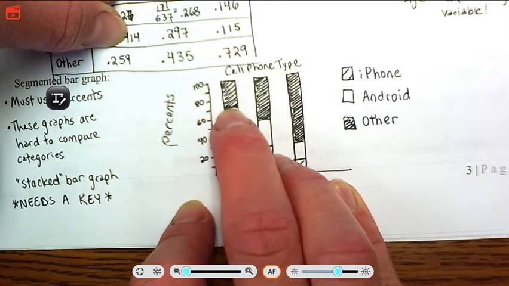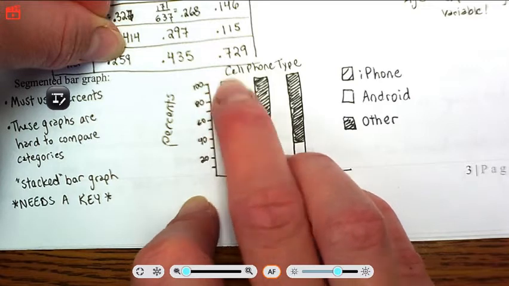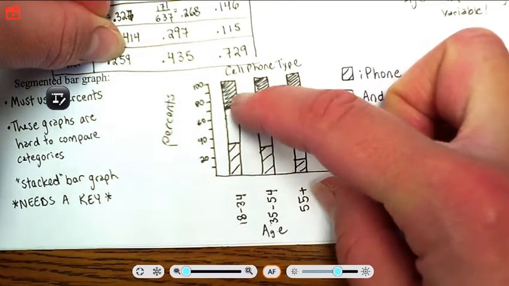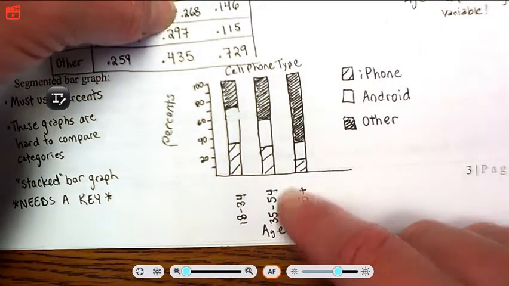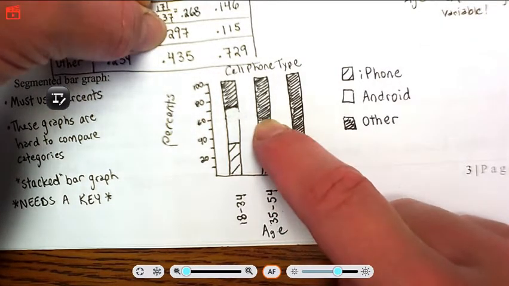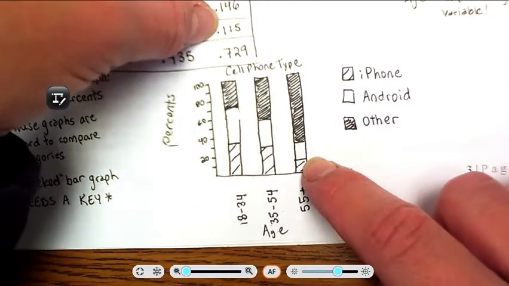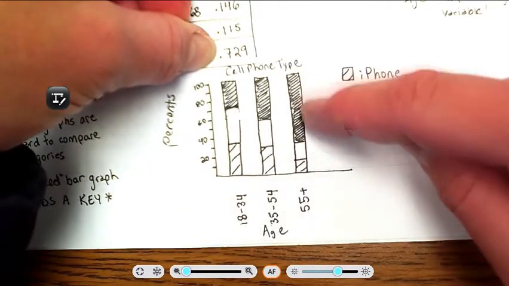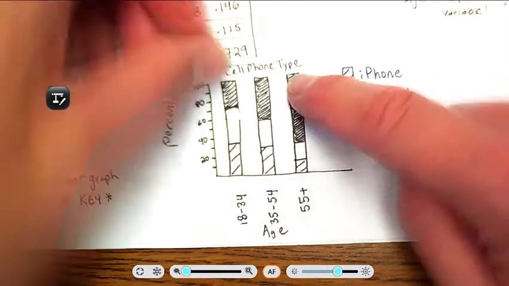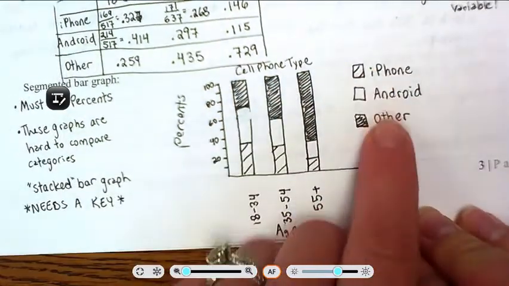So that's where that line is supposedly. And then other is the 25.9%, almost 26% up there. Then I do the same thing for my 35-year-olds, 26% and 29% more, and then 43%. Then 14%, 11-ish%, and 73%. Okay, so they all stop at the 100. And then I have to make a key.